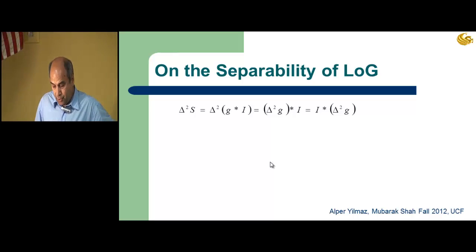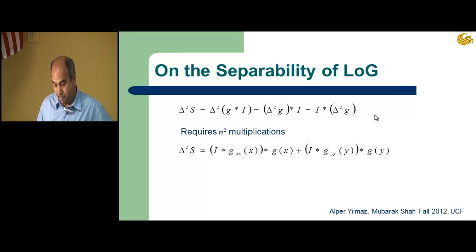As I said, there are different ways we can apply the Laplacian. First we can smooth the image and then compute the Laplacian, or we can compute the Laplacian of Gaussian and then smooth, and so on. That requires n square multiplications, because every time we have an n by n mask.